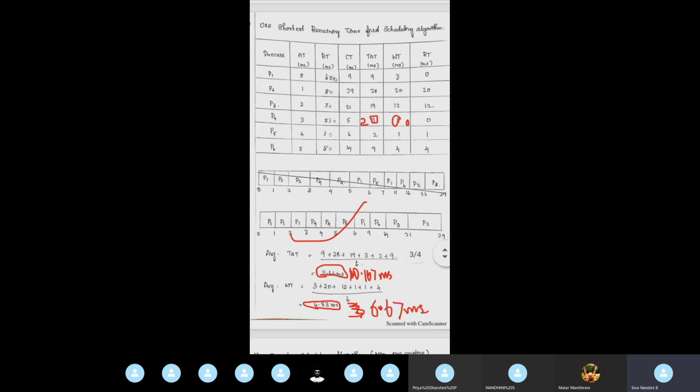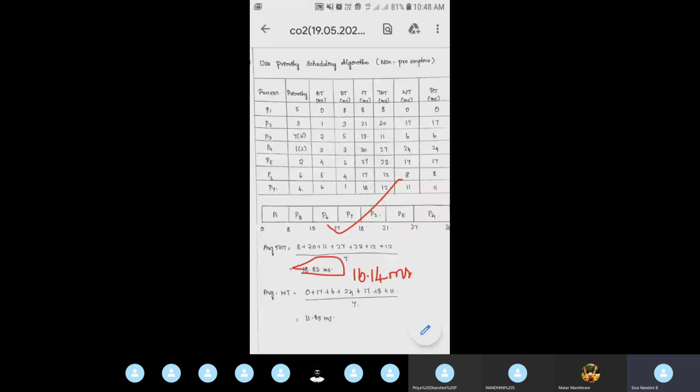Next, the priority scheduling algorithm. That is based upon the priority level given in the question. Sometimes the question itself gives H and L. H represents the high level. If it is marked so, the largest number has the largest priority, and the smallest number, marked as L, has the least priority.